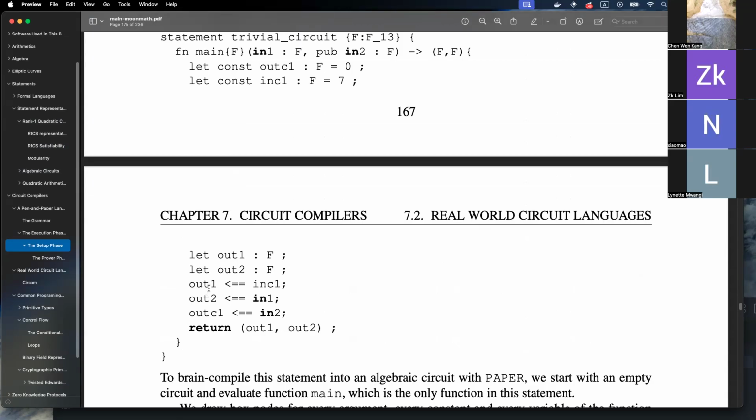B is 1, and in this case A would be out1 equals C, and the same goes for A times 1 equals C.